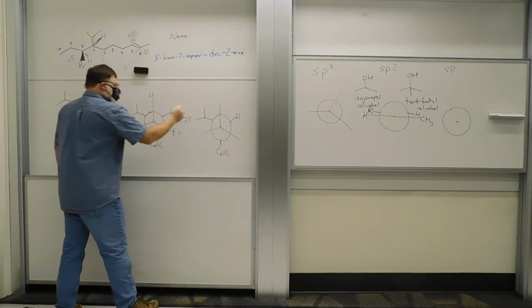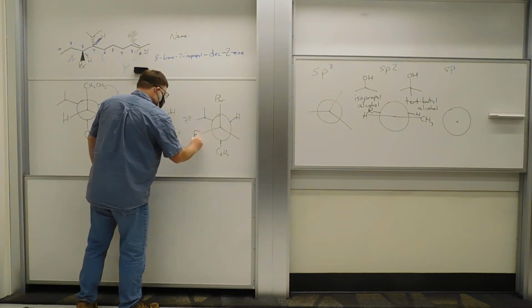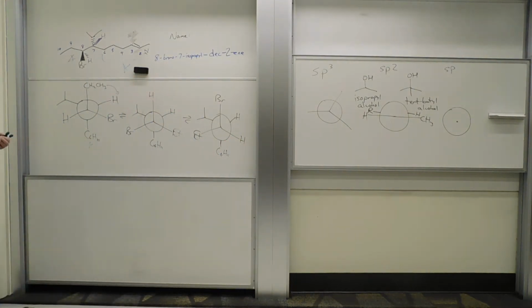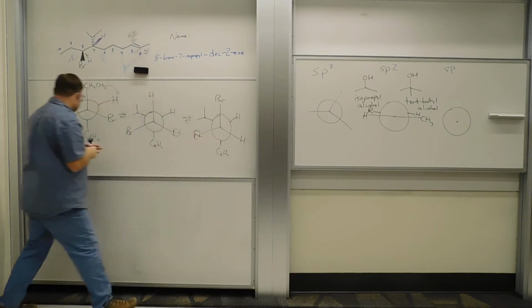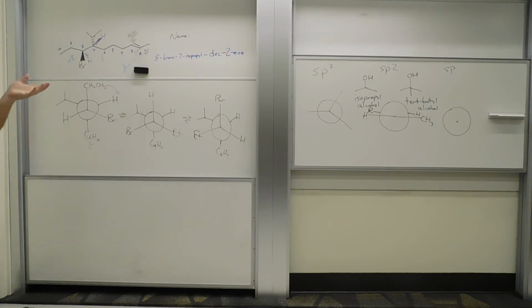So bromine goes to the top. Ethyl comes to the left. H goes down. And now if I do 120 degrees more, ethyl goes to the top, bromine to the right, H over here, and I'm back to where I started. 3 120 degree rotations is 360 degrees, a circle.